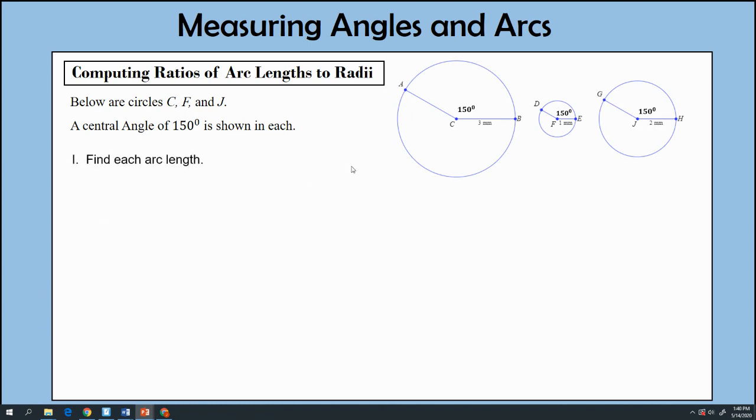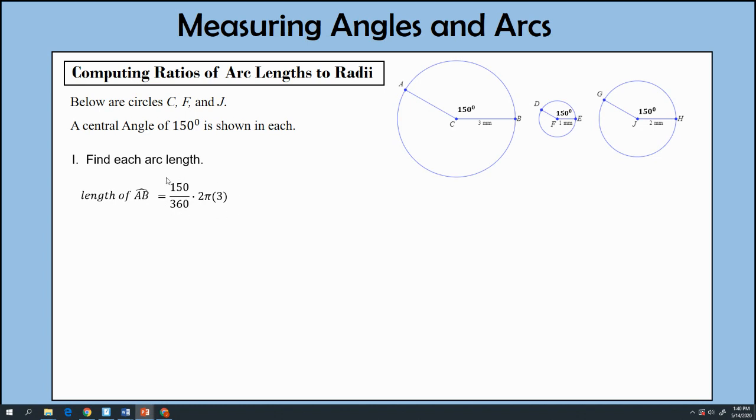First of all, let's go ahead and find each arc length. All right, so we'll start with the length of arc AB. So how far is it from A to B traveling along this circle? That's arc length, right? Well, we find that by doing the central angle over 360 times the circumference of the circle. Okay, so our central angle is 150 over 360. Our radius is 3.